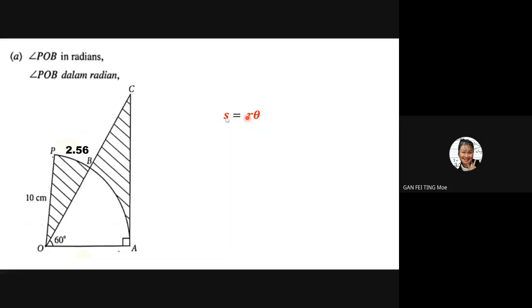So dalam S, R, theta, I have my S, which is 2.56. I don't have my theta, I have my R, radius as 10. So then saya boleh selesaikan, subkan dia, theta. This is the theta that I nak look for. So 2.56 equals to 10 times theta. Then bahagi dengan betul. Okay. Then you get your theta equals to 0.256.